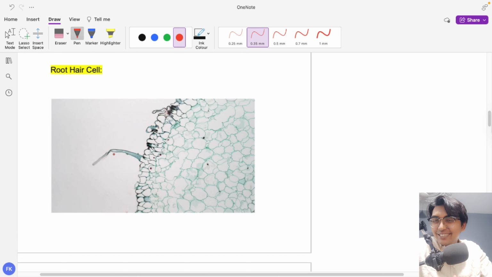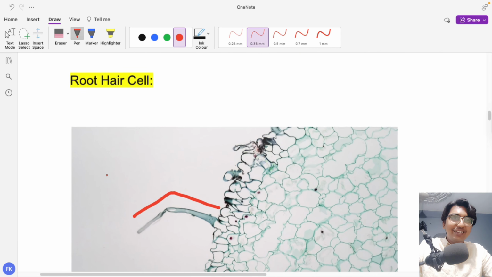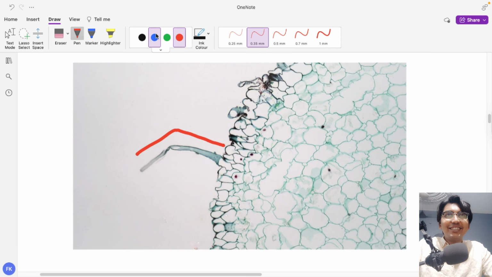This is a root hair cell. You can see the specialized structure here of the root hair cell, this long extension. So what is the function of this long extension? The function is very, very easy. Let's zoom out. Let's take a glass of water, right? For example, this is a water molecule.